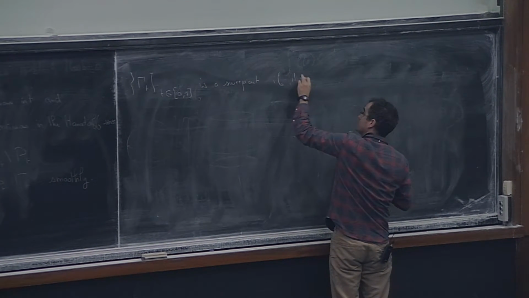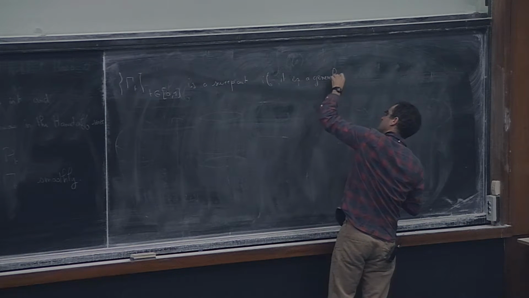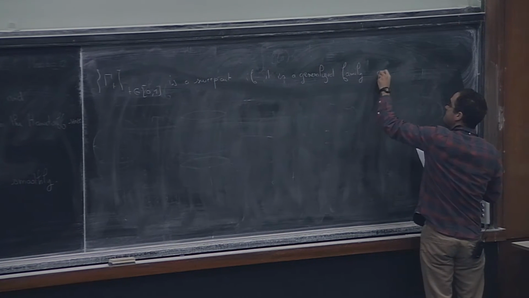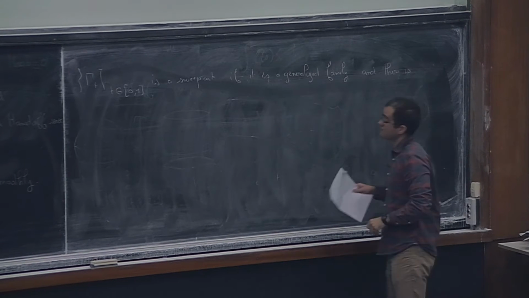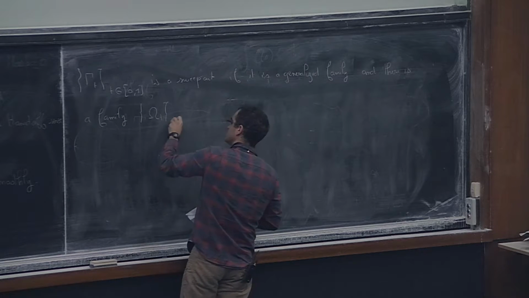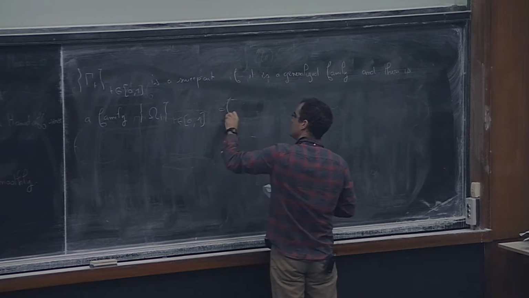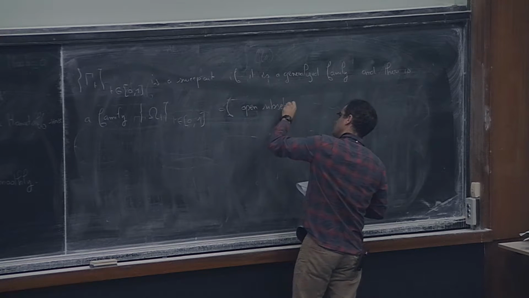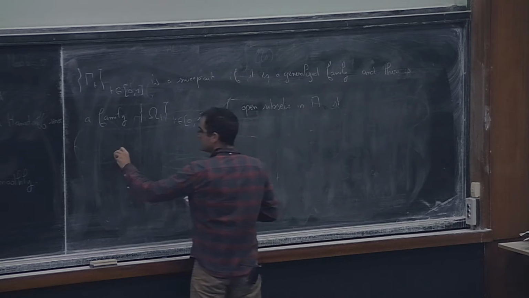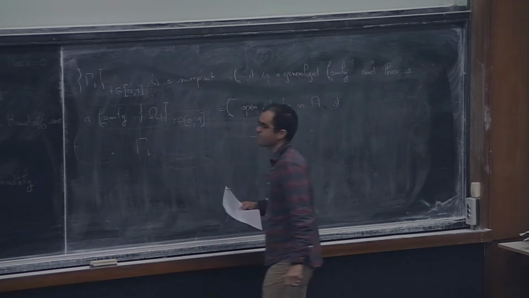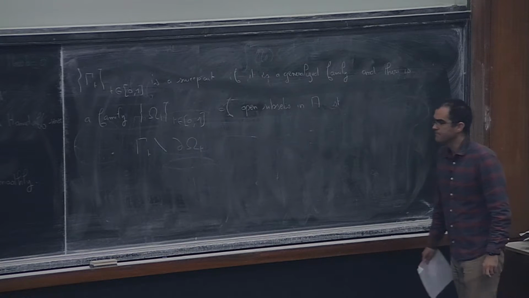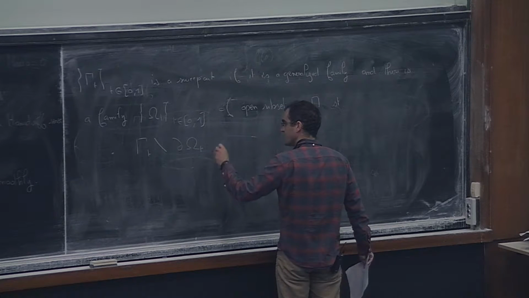if it is a generalized family, so in the preceding sense, and there is a family omega sub t for t between 0 and 1 of open subsets in M such that, first, if you look at gamma sub t, so it's a closed subset, you remove from this the boundary of omega sub t, and what you want is just that this closed subset is inside Pt.